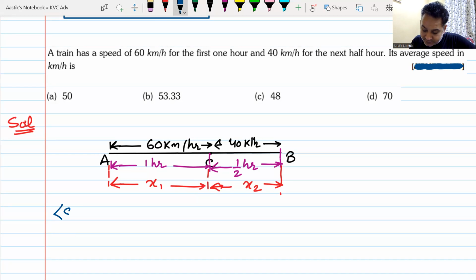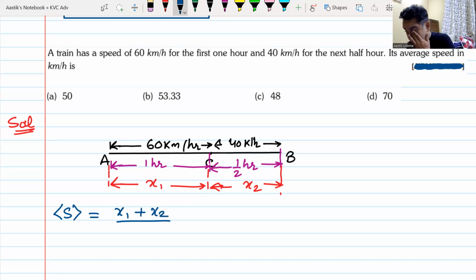You have to calculate average speed. What is the total distance here? The total distance here is x1 plus x2. Yes or no, bacha? Yes, sir. What is the total time here? We have to calculate it in kilometer per hour. So what is the total time?